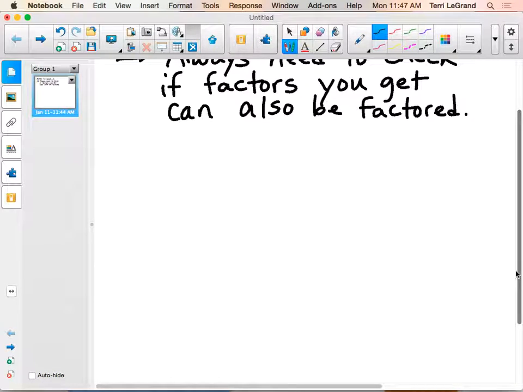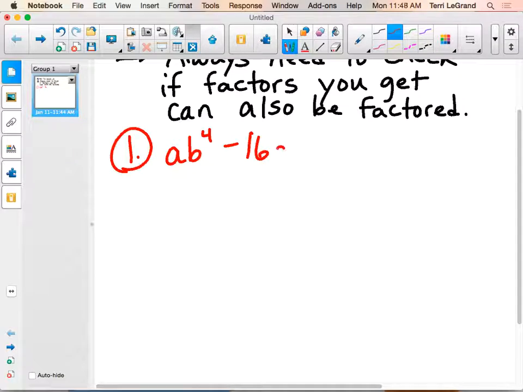Okay, number 1. We're going to factor this polynomial: a b to the 4th, take away 16a. First thing we look for is what? GCF. Is there a GCF for this? 1 and 16, we could have a 1, but is that going to get us anywhere?